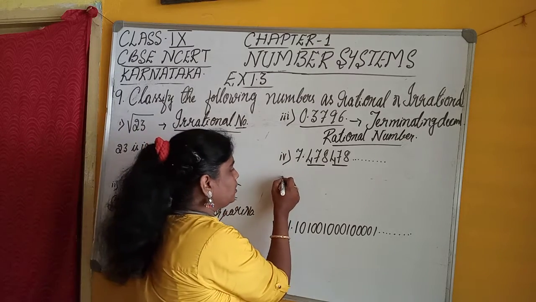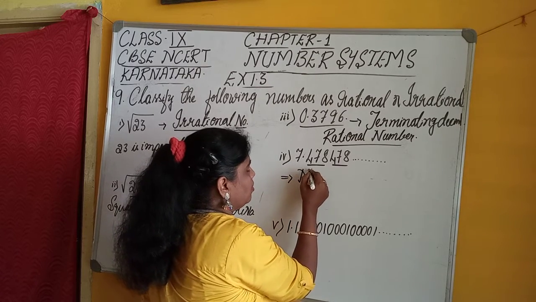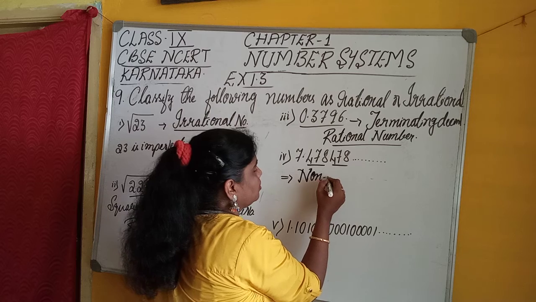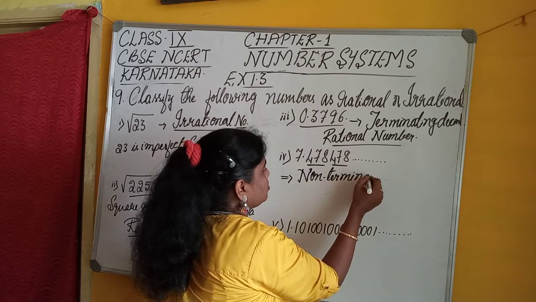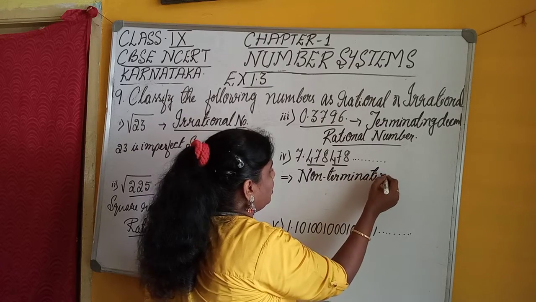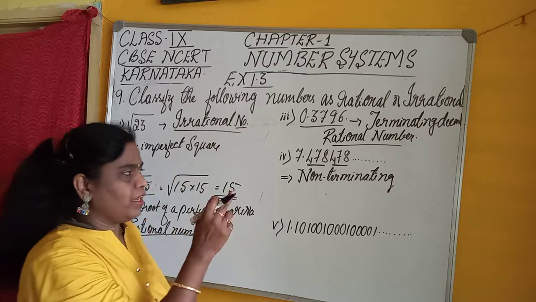The type of the decimal expansion is non-terminating along with recurring.